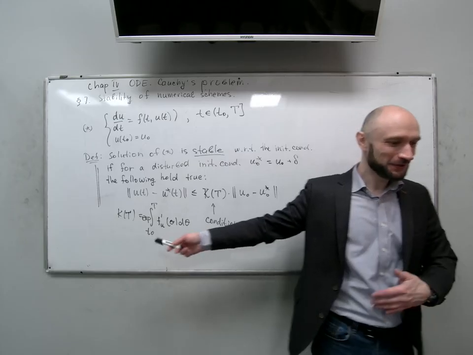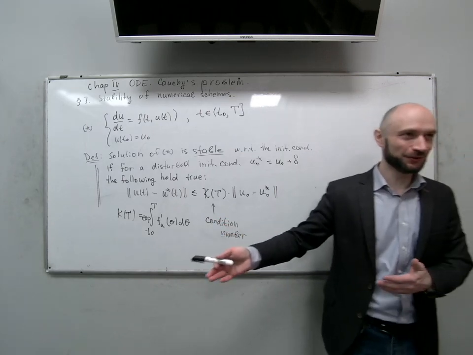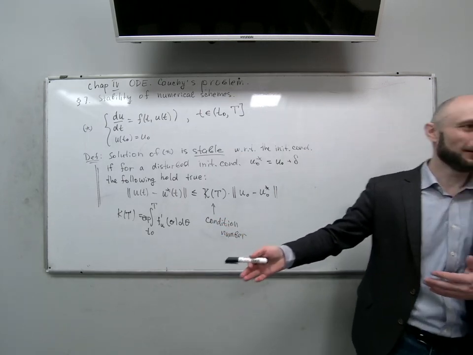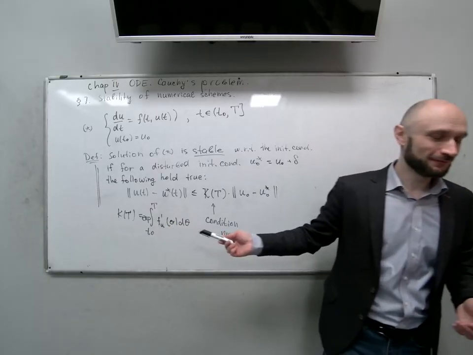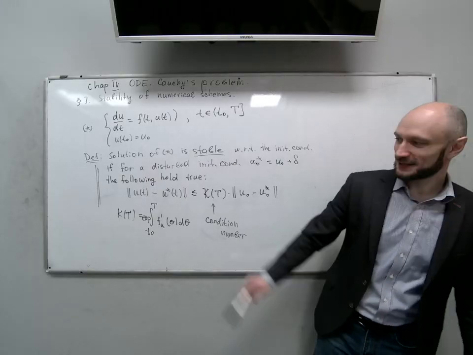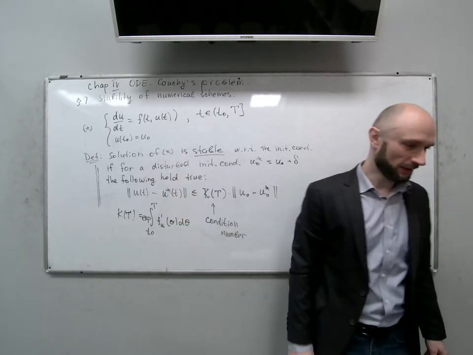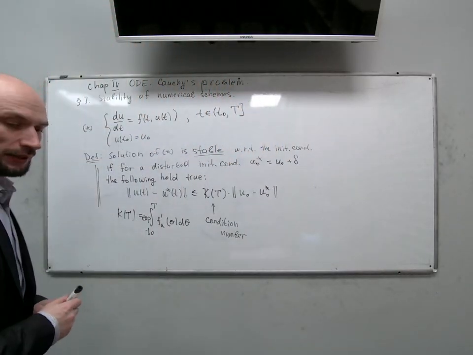I'm not deriving it here on the board because we are talking about numerical methods, not the mathematics of ordinary differential equations. But it's not a matter of choice. It's a fact. Okay. This is how k depends on the right-hand side of our problem. Okay, hope I answered your question, and then let's continue.